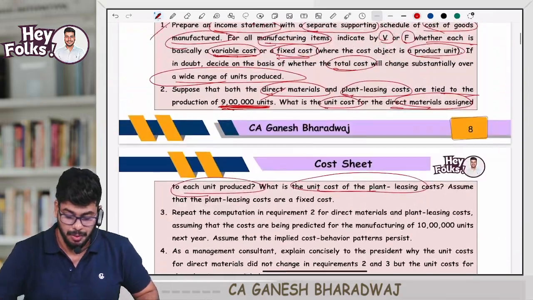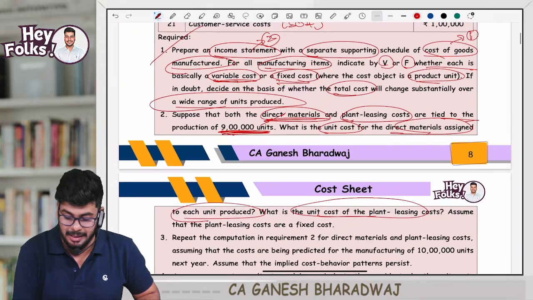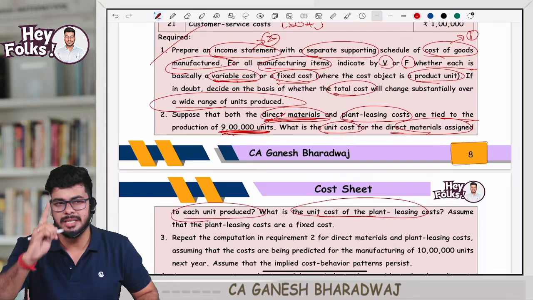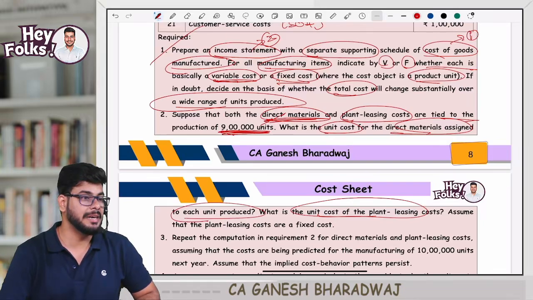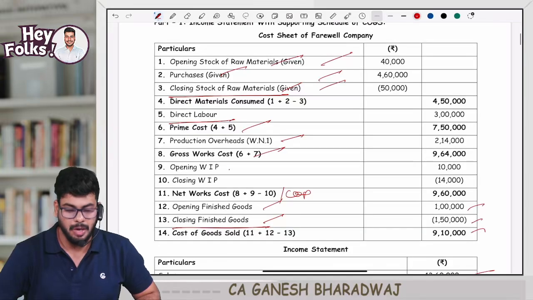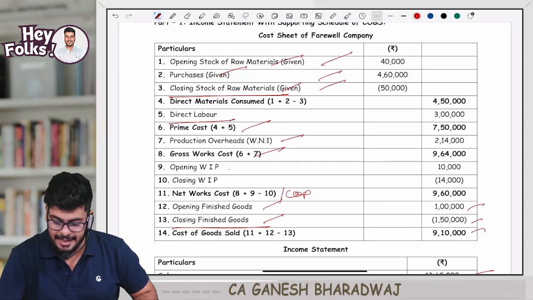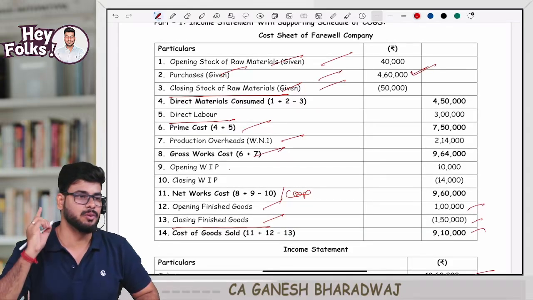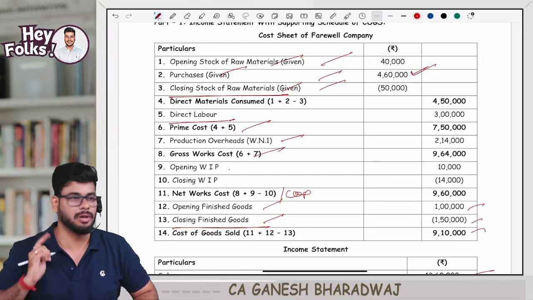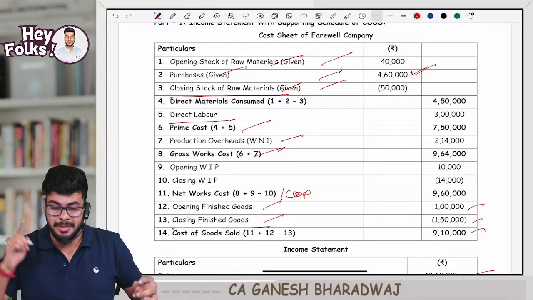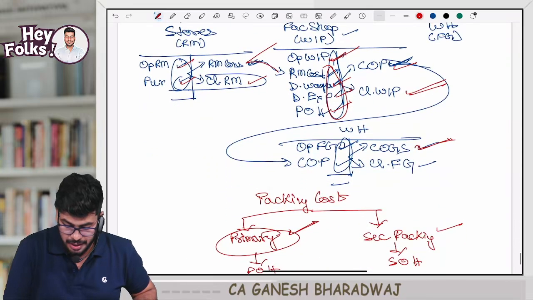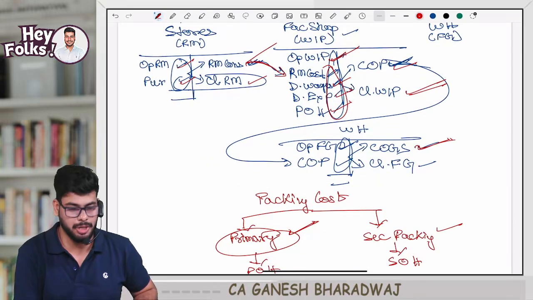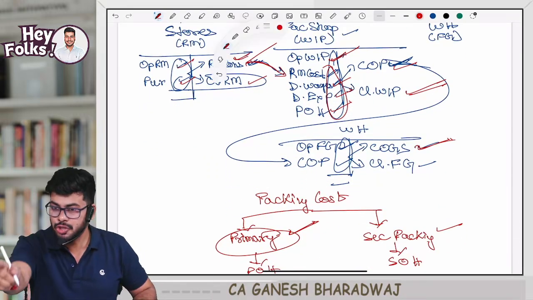Now, what have they asked for? First is direct materials. Guys, understand one very important thing. When they are asking for direct material cost per unit, many students take the material purchased figure and do the calculation. Absolutely wrong. For the purpose of production, what gets issued to the production is only my raw material consumed.